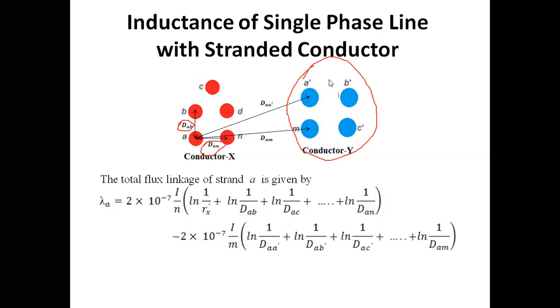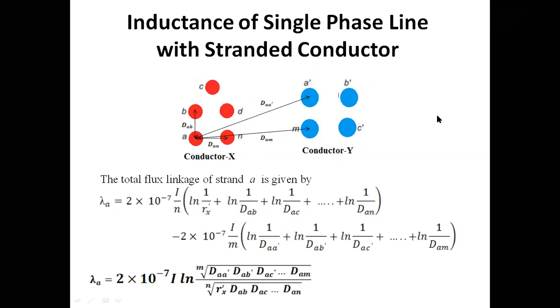Now consider the distance from strand A to strand A dash, written DAA dash. Similarly, ln 1 by DAB dash, DAC dash, likewise up to DAN dash. So this will be the flux linkage. In the next part, if we simplify it, what do we get?